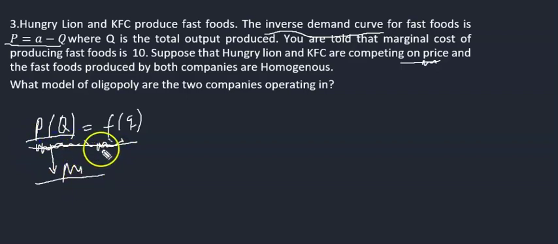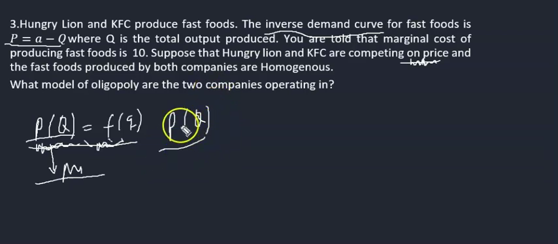But in this case, the question is clear that these firms are competing on price. That implies that we don't have to check the inverse demand curve, because we have already been told that these firms are competing on price.